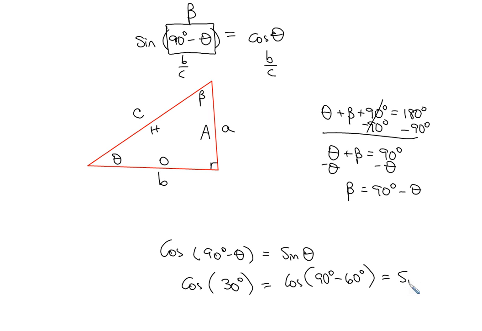Which would really just be sine of what? No, not sine of 30. 90 minus theta, sine of 60. What's the cosine of 30 degrees? We know that from the unit circle. What's the sine of 60 from the unit circle?